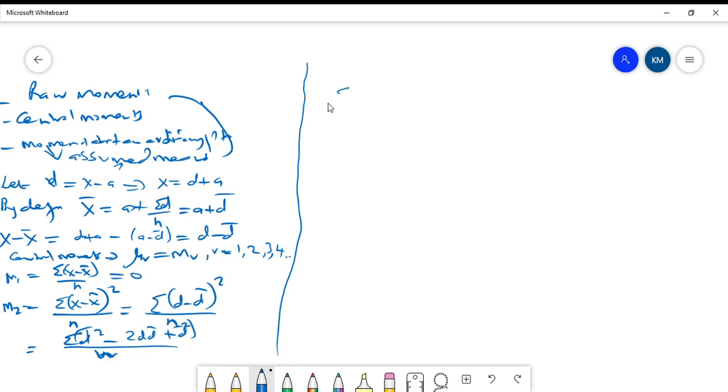So we will get summation d squared over n minus 2 d bar, because these are constants, summation d over n, then plus you sum the d bar squared n times, over n.